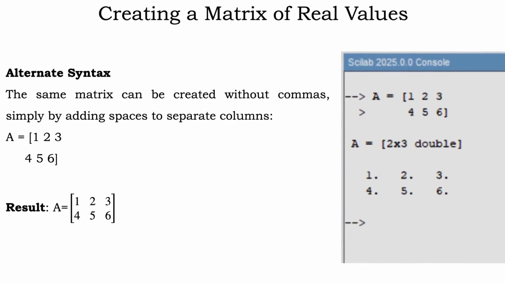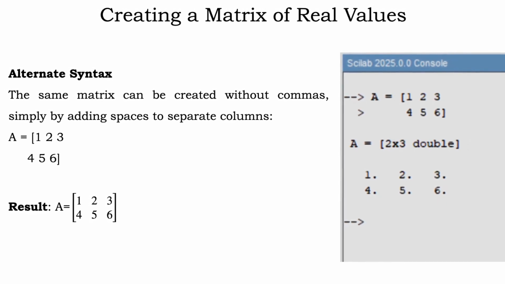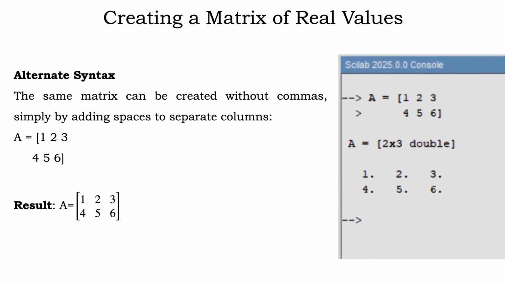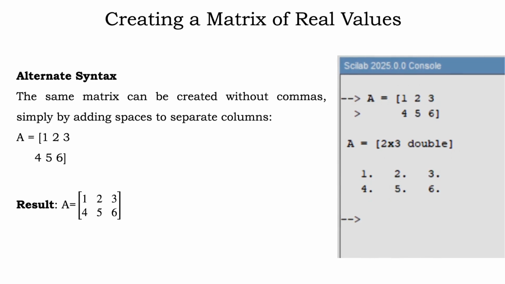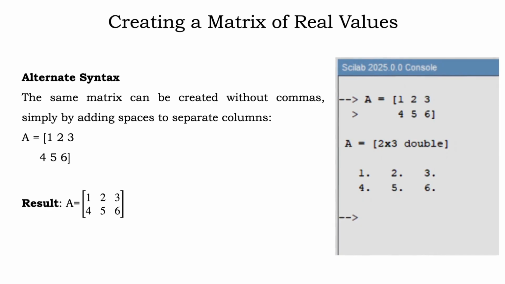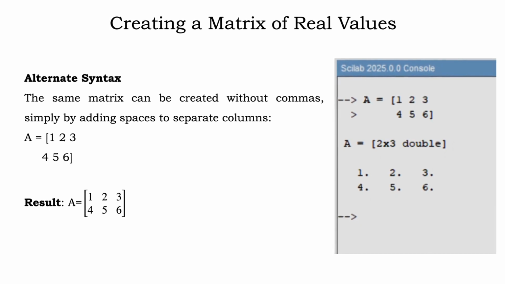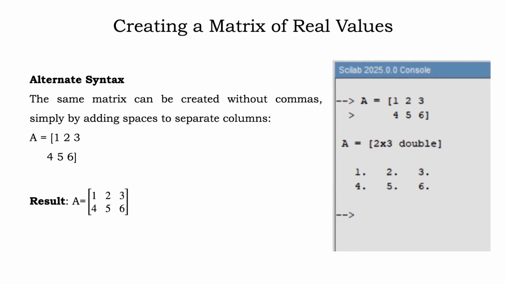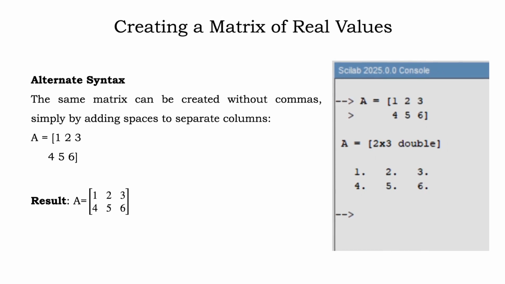Alternatively, the same matrix can be created without commas, simply by adding spaces to separate columns, such as A equal to, within the square bracket, 1 space 2 space 3, and in the next row 4 space 5 space 6.